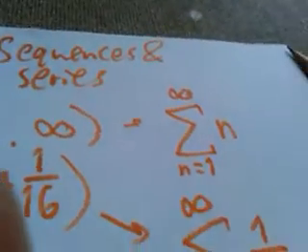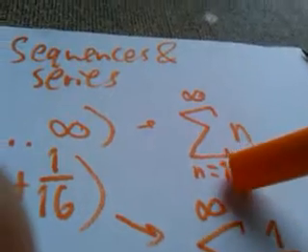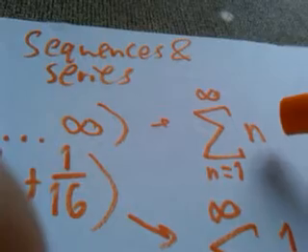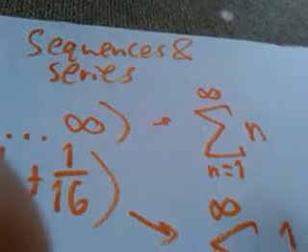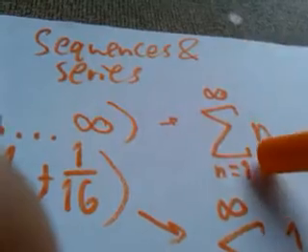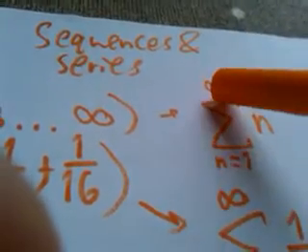So from 1 to infinity, and n would be all the numbers. You just write down 1 and then 2, and then you stop at the number at the top. This is the index, and that's just the stopping value.